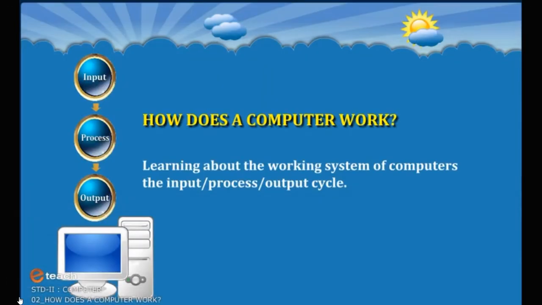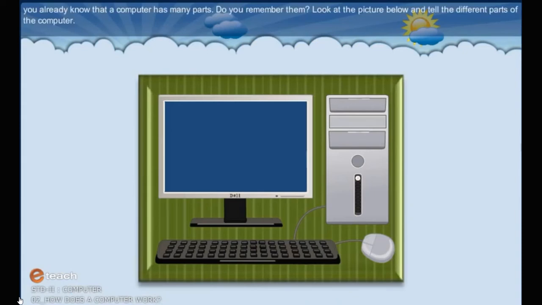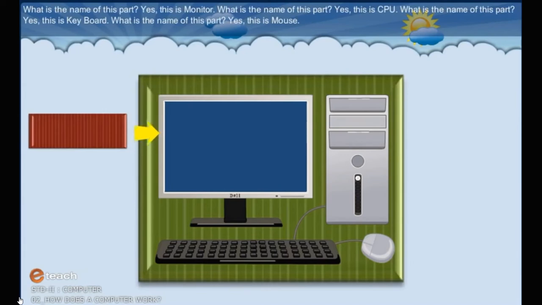Learning about the working system of computers, the input, process, output cycle. You already know that the computer has many parts. Do you remember them? Look at the picture below and tell the different parts of the computer. What is the name of this part?